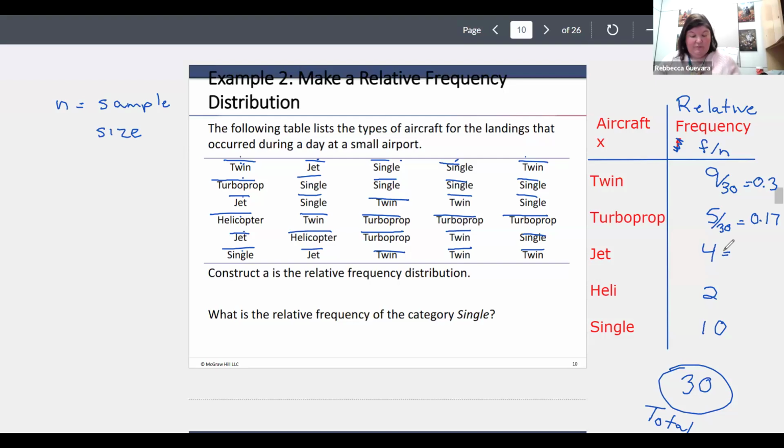The 4 out of 30 is going to be 0.13 repeating, so I'm going to say 0.13. These ones are estimations. Then the 2 out of 30, that's 1 out of 15, that's going to be 0.06 repeating. That makes it 0.07. And then when we do the 10, that is a third, so that is going to be 0.3 repeating. So say 0.33.